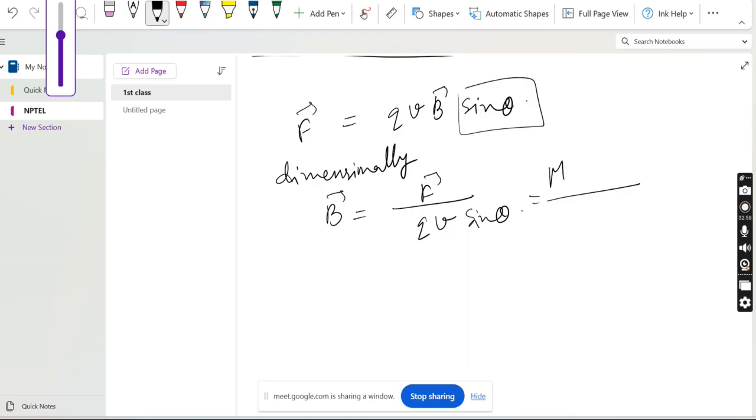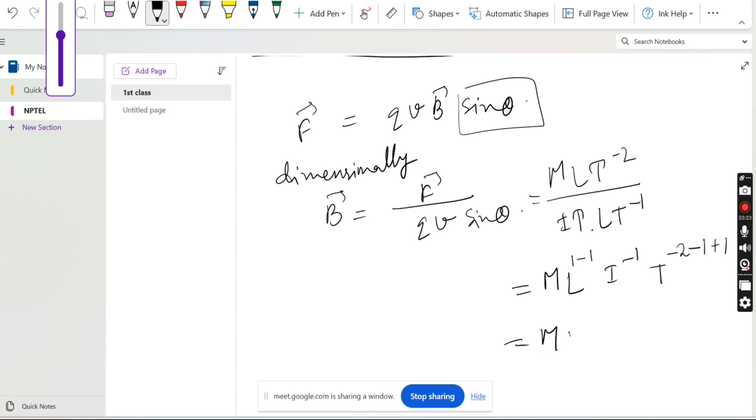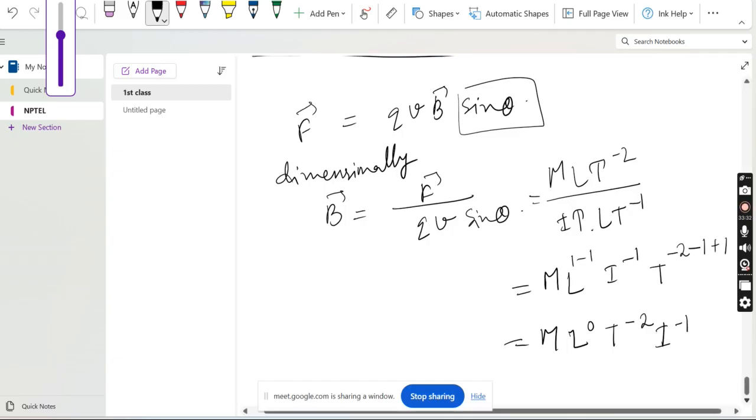We know force is mass into acceleration, Q is I T, velocity is L T to the power minus 1. So that would be M L to the power 1 minus 1, I to the power minus 1, T to the power minus 2 minus 1 plus 1. So that would be M L to the power 0, T to the power minus 2, I to the power minus 1.